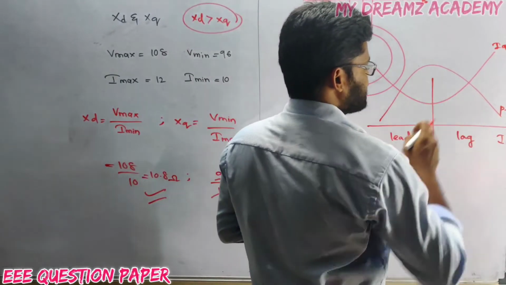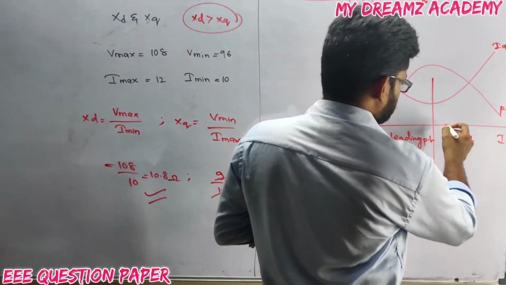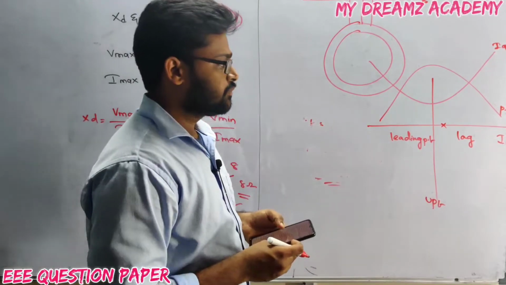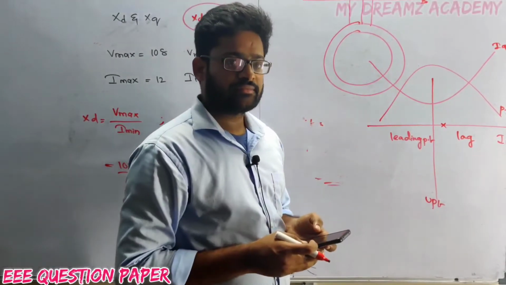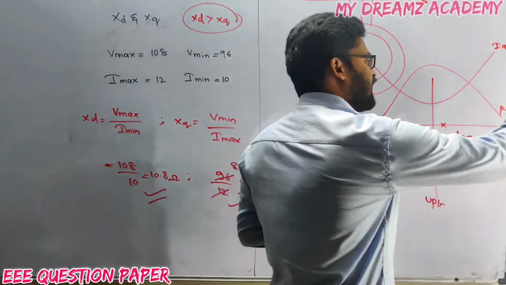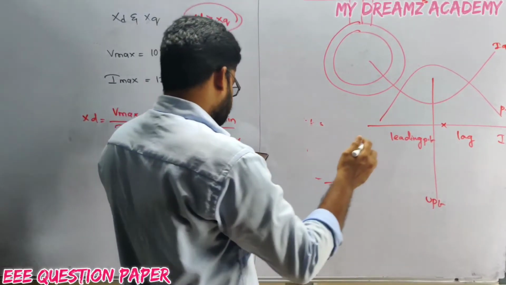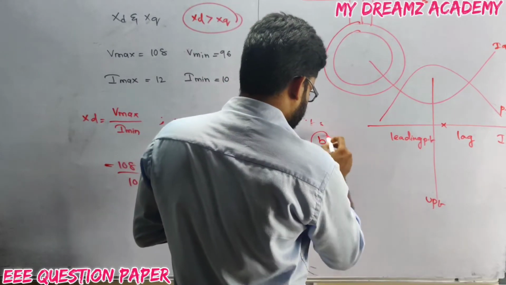If it is increasing, okay, for suppose the machine is acting at that point, if I increase the excitation, then it will be more lagging power factor. So it will be more lagging power factor. Option B is correct for this one.